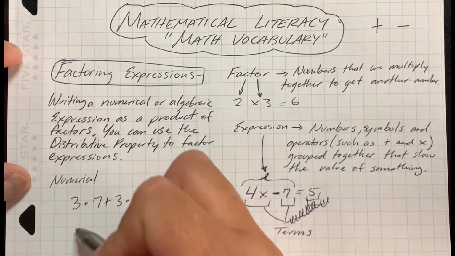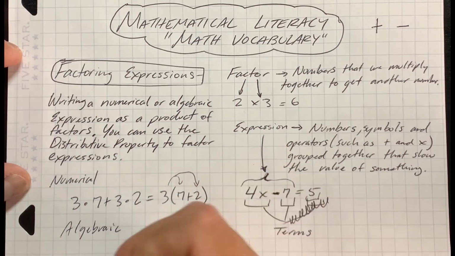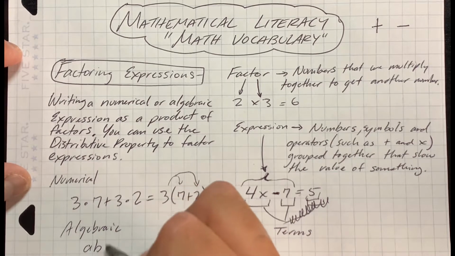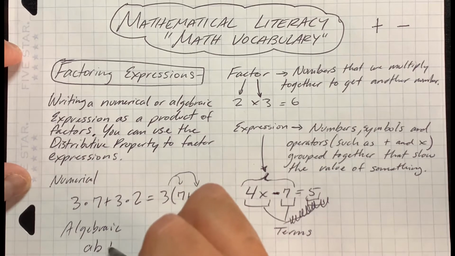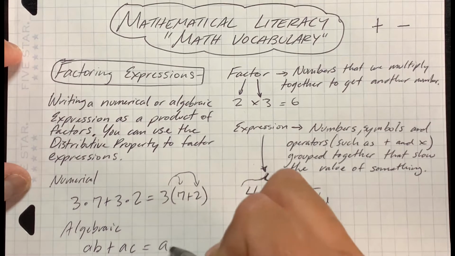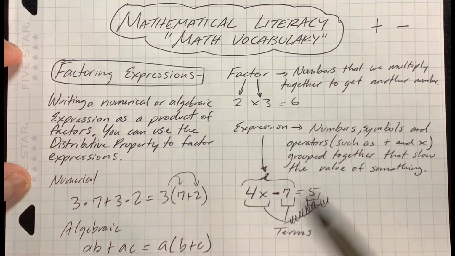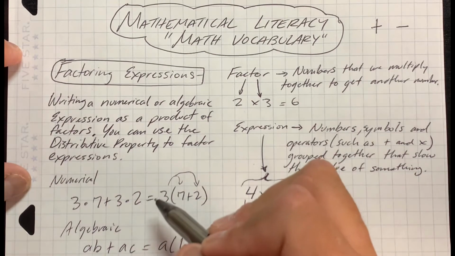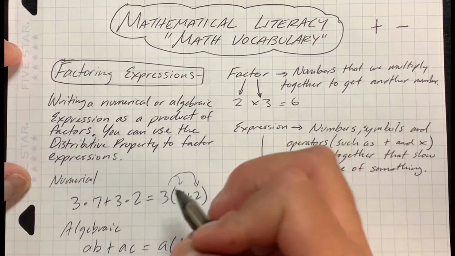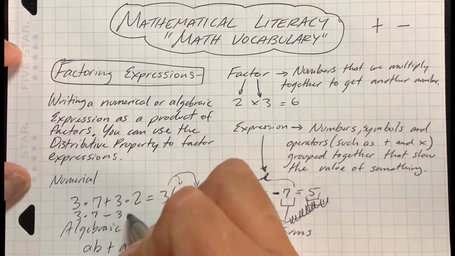Same thing here, algebraically. We can do it where we have a times b plus a times c. That's going to equal a times (b plus c). Okay. Another one I could give you is 3 times 7 minus 3 times 2.